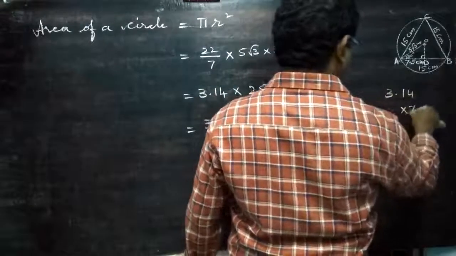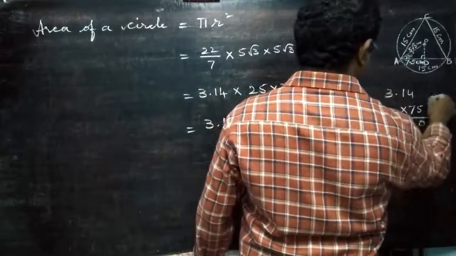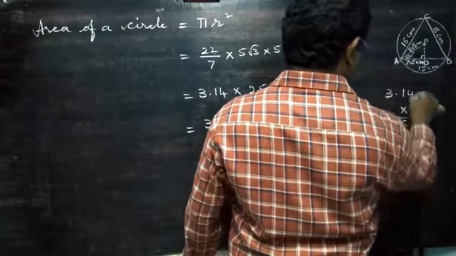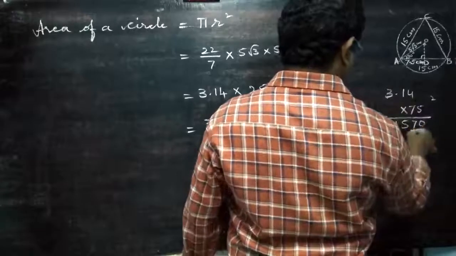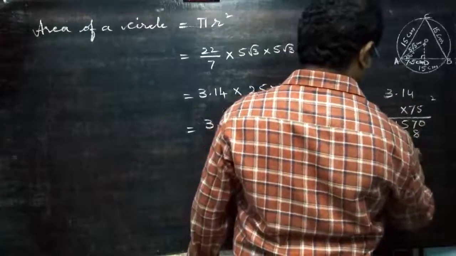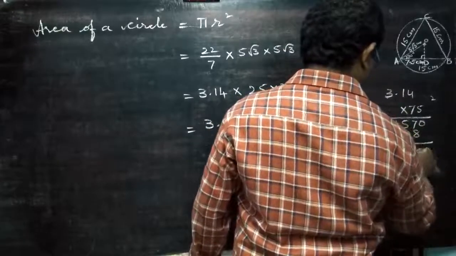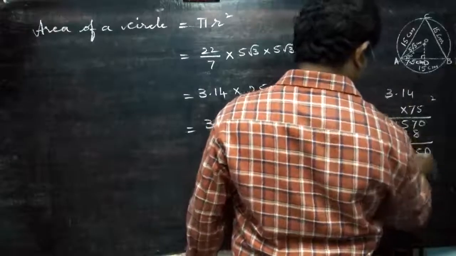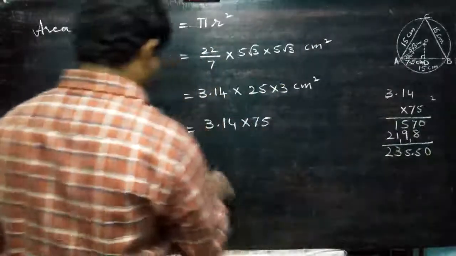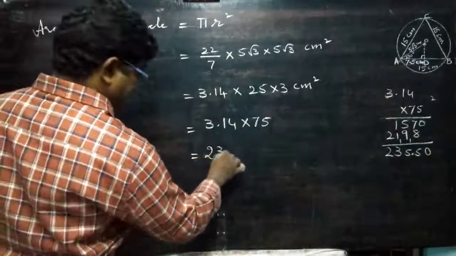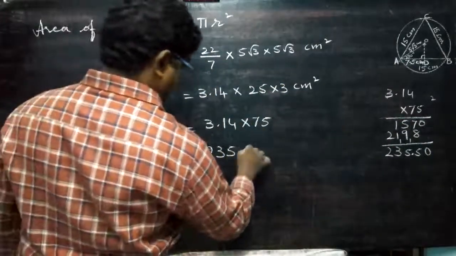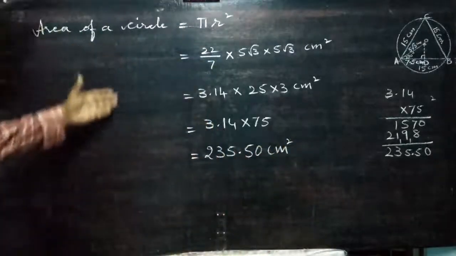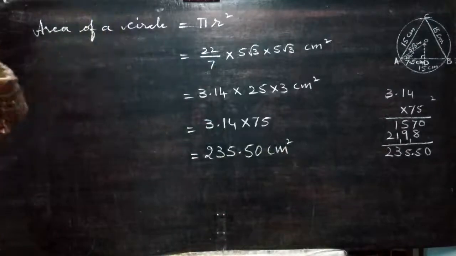After 2 digits, so how much you got? 235.50 centimeter square. So this is the way of finding the area of a circle.